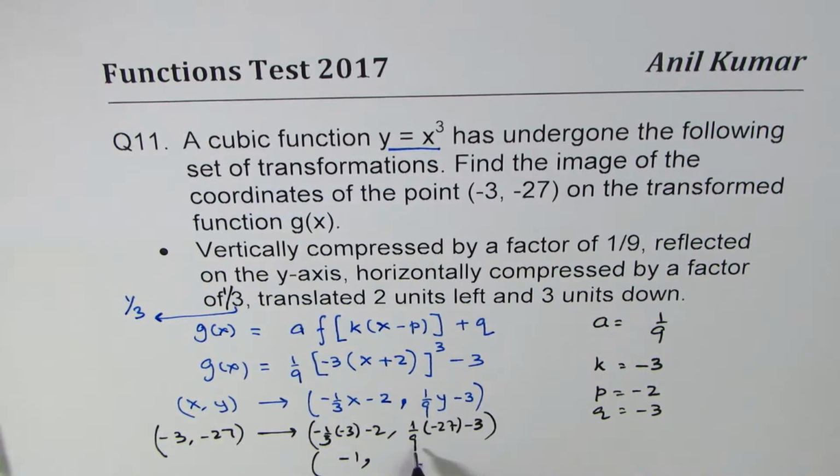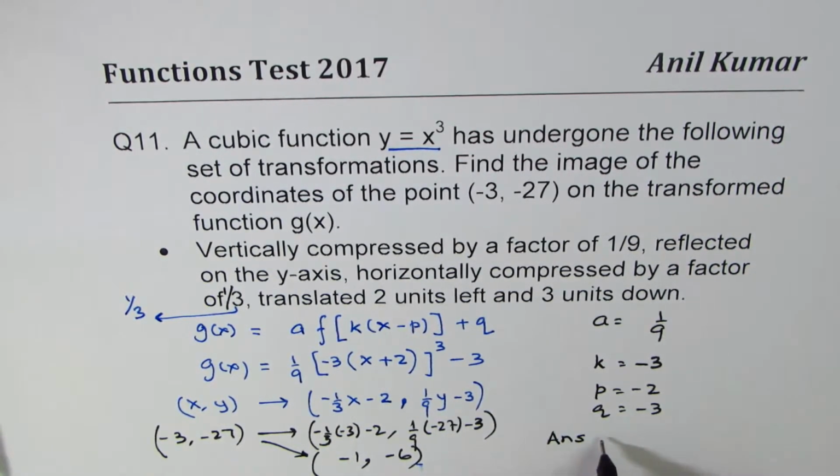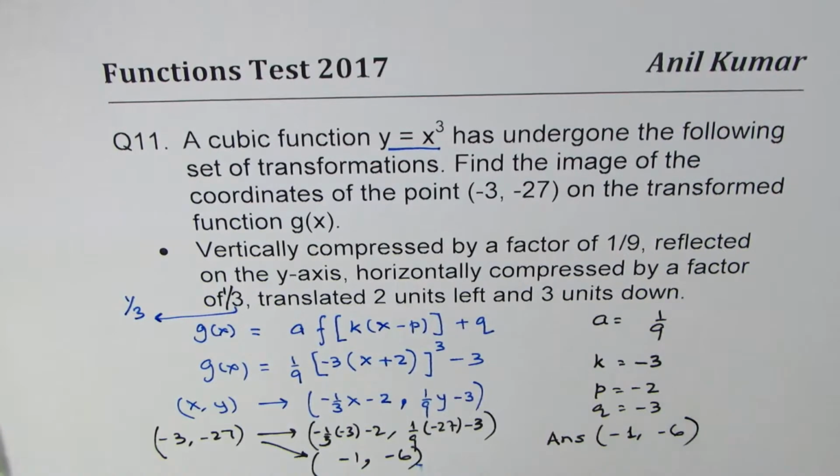In this case, when you divide minus 27 by 9, you get minus 3. But minus 3, so minus 3 minus 3 is minus 6. And therefore, the transformed point will be (-1, -6), correct? So our answer is the image of the point (-3, -27) is going to be (-1, -6).